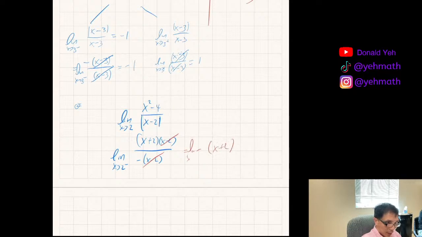If you plug in x approaching 2 from the left side, that's going to give you negative 4. If you're approaching 2 from the positive side, it's going to give you positive 4. Limit as x approaches 2 from the positive side of x plus 2 times x minus 2 over x minus 2. Cancel out. That's going to be 4. So that does not exist.